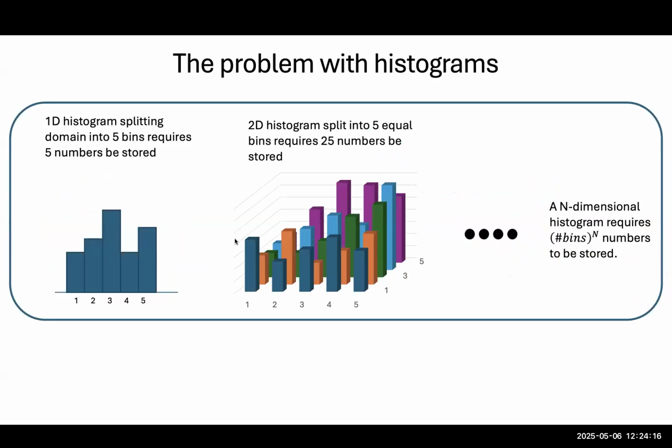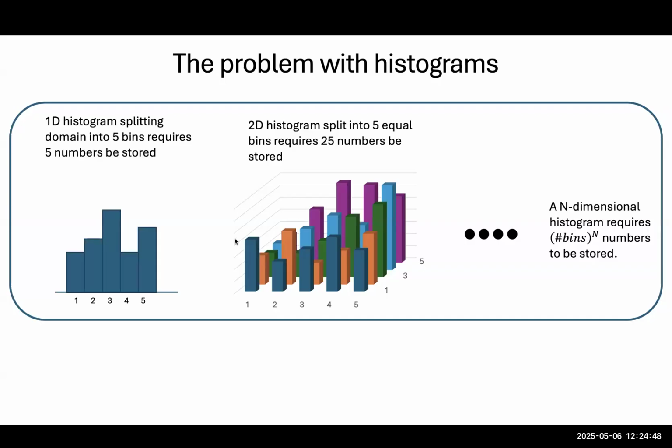But the problem with this is, as we move to higher and higher dimensions, the number of bins we need increases. So a one-dimensional system split into 5 bins only needs 5 numbers to be stored. But in 2D, with 5 equal bins in each dimension, we need 25 numbers, and so on and so forth.